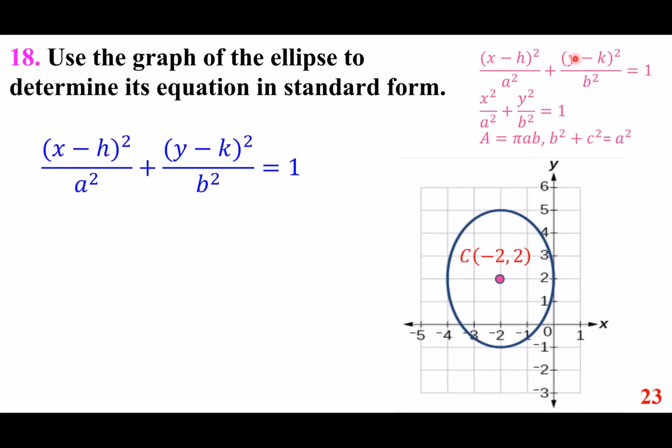Then we locate the vertices and co-vertices, and we read. The vertices are located at negative 2, 5 and negative 2, negative 1. So this distance is b.